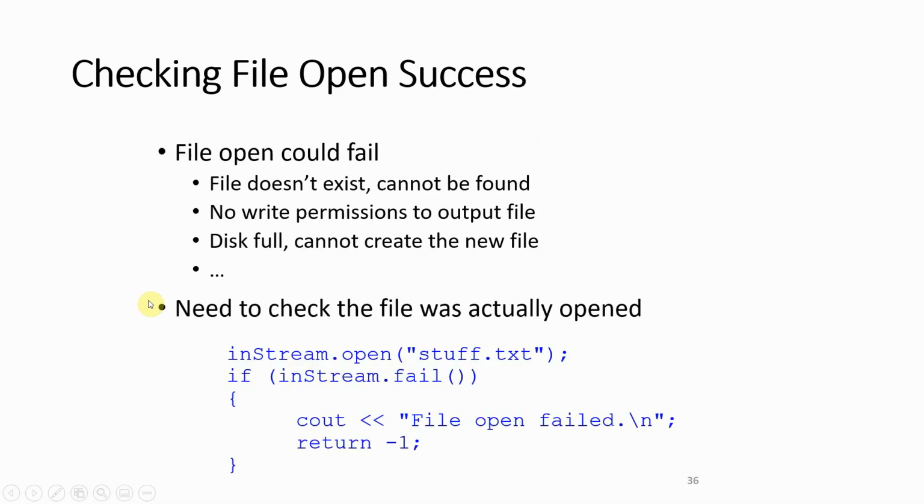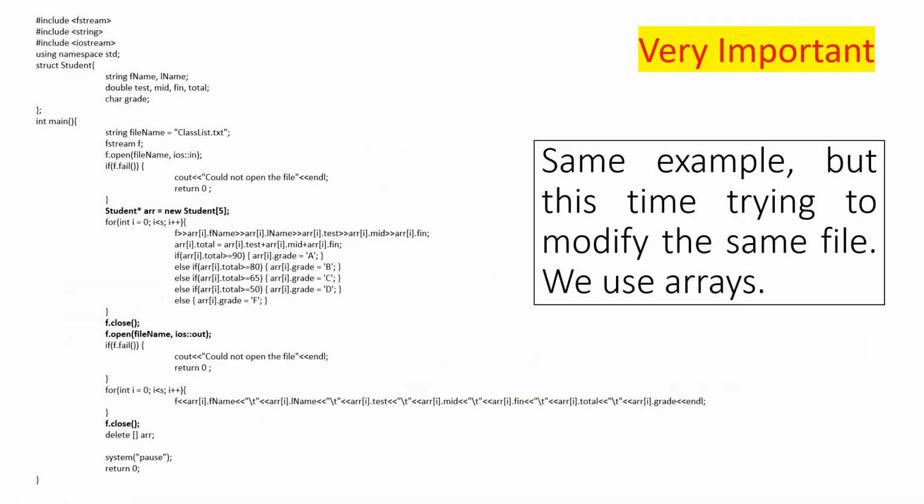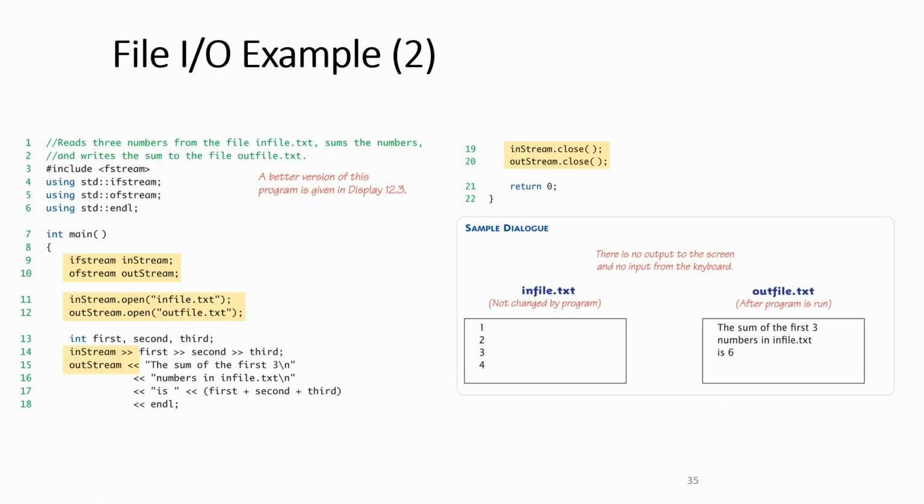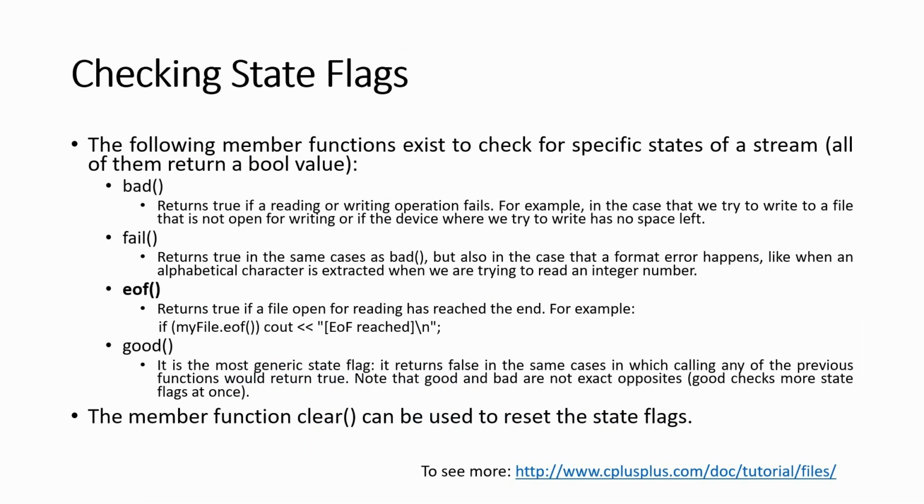Here we wrote our program knowing exactly how many students we have in the file, right? That's why we knew we only have to go through 5 lines. What if we don't know how many lines we have in our text file? There is a member function that returns true or false.